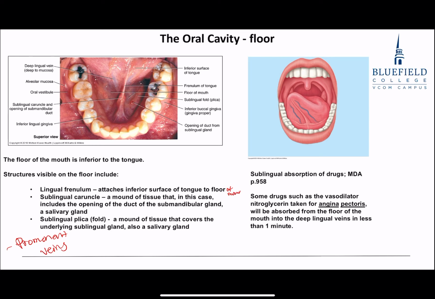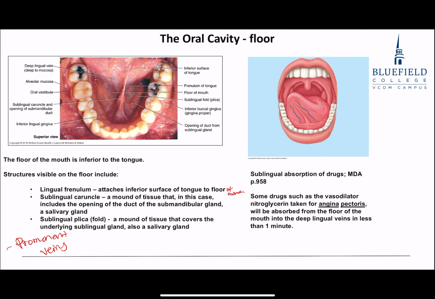That is called the sublingual caruncle, and caruncle just means mound of tissue. There are two openings on that caruncle, left and right, and it's the opening for salivary glands called submandibular glands. We'll talk about those next week when we do the glandular GI. But that's where they open up.